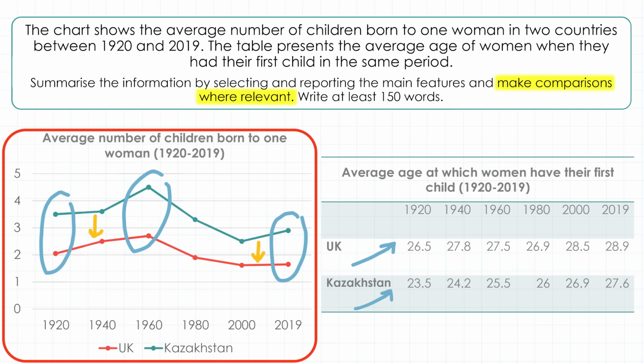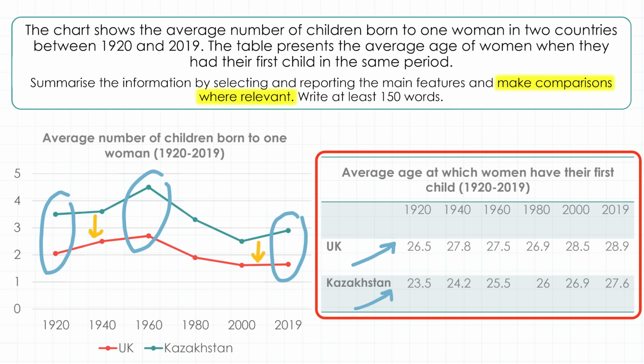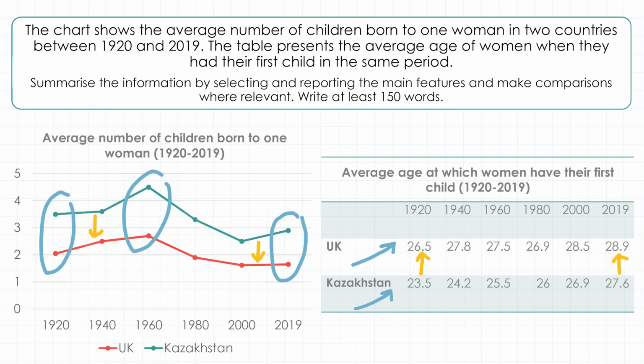So women in the UK had fewer children than women in Kazakhstan. But when we look at our table, all the numbers for the UK are higher. So women in the UK had their first child later than in Kazakhstan. We definitely need to report that in our answer. And that's how you analyze your task.